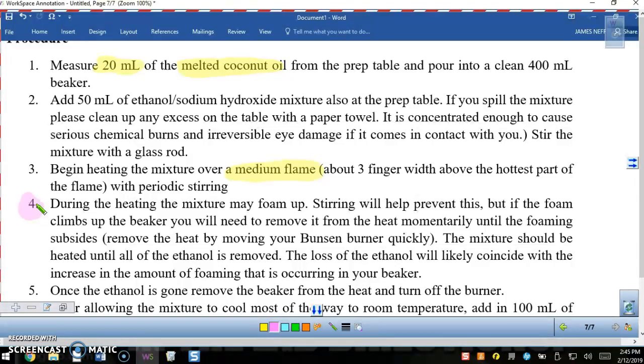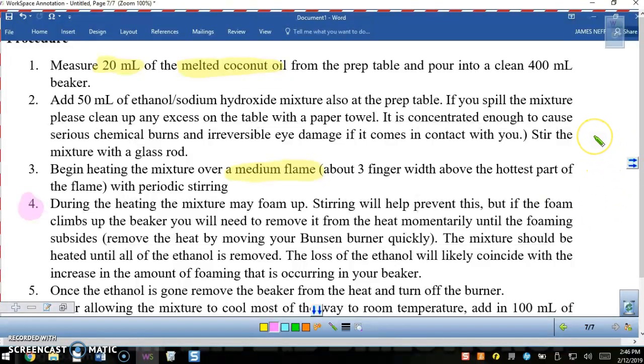If you need to remove your flame because you're getting a lot of foaming or a lot of bumping, which I'll explain to you in class, just simply take your Bunsen burner and move it to the side. Move it away from the beaker. Move it far enough that the flame is not going to catch the ethanol on fire above it. Just simply grab the bottom, it won't burn you, and move it out of the way quickly.